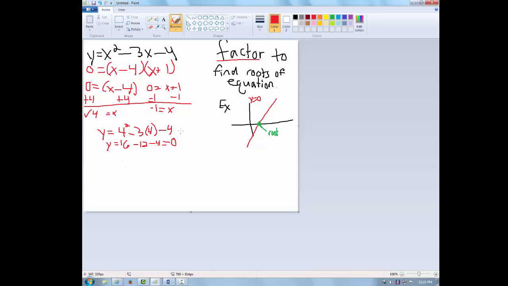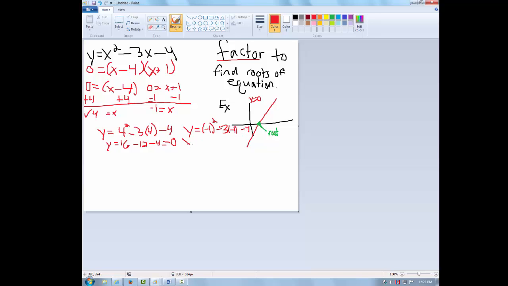Okay, now let's check the other root. So y equals -1 squared minus 3 times -1 minus 4.